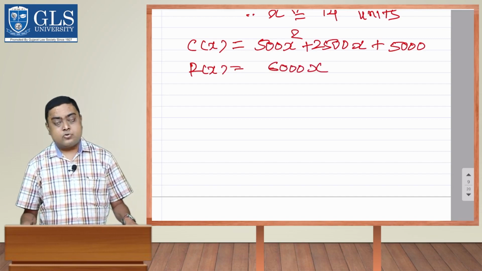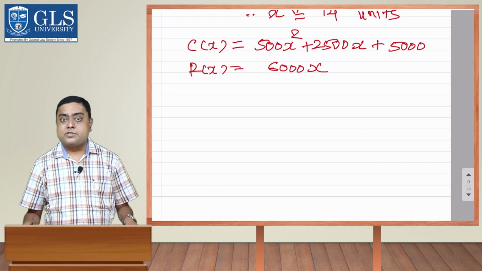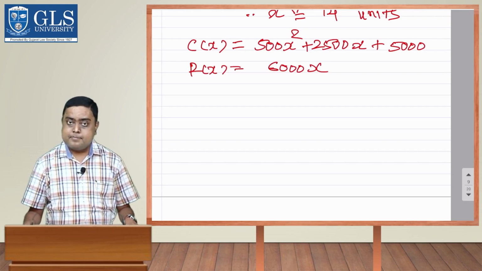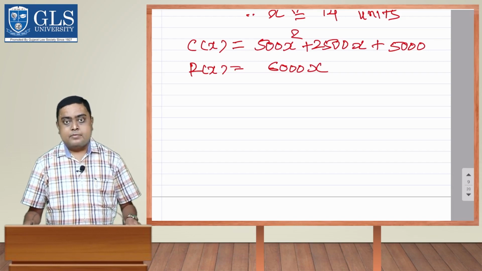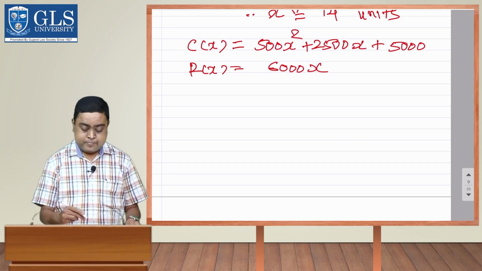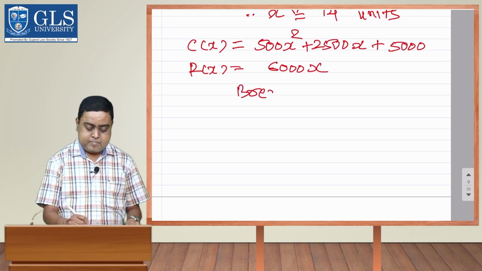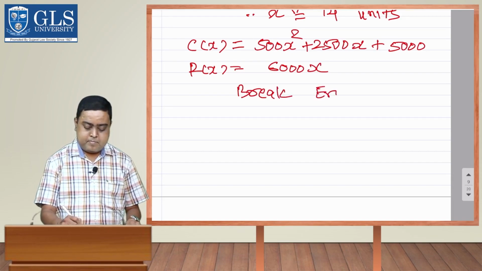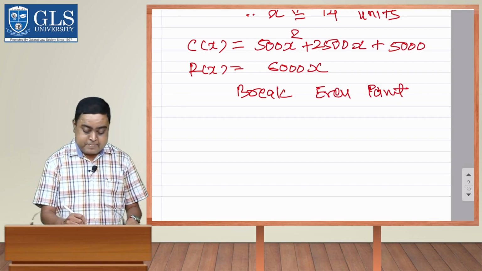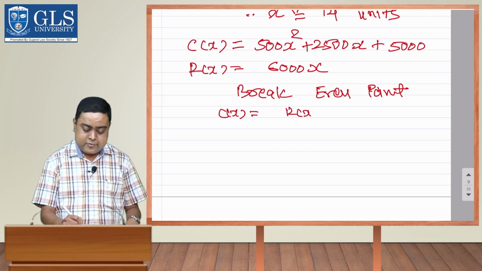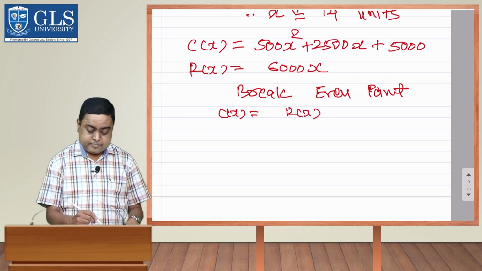So I say that the total revenue function is given by 6000 times x. Now I will find the break even point. So let me compare our total cost function and total revenue function, and replace them.